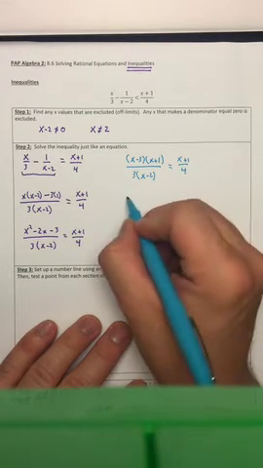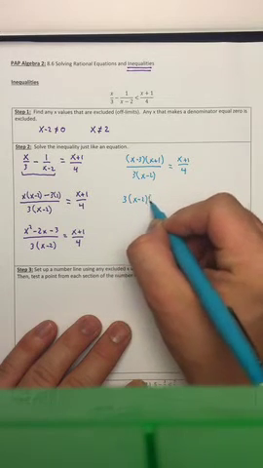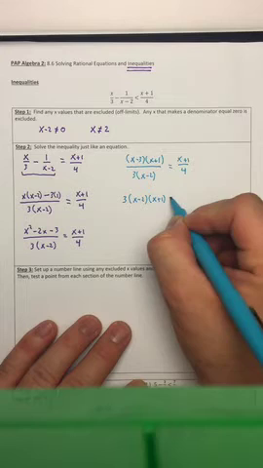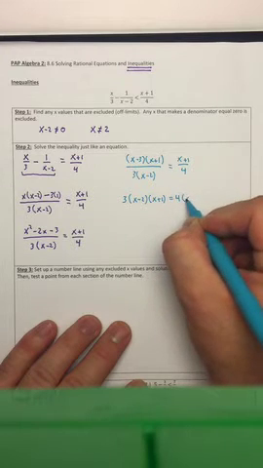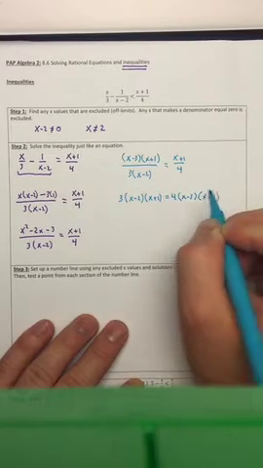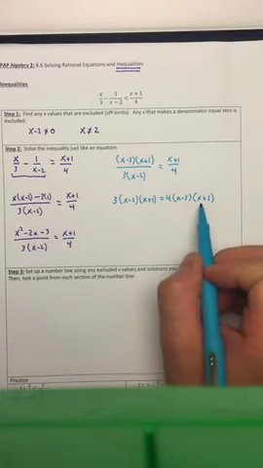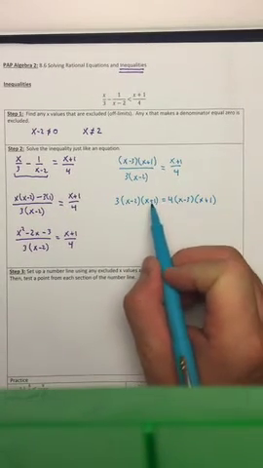So now I'm ready to cross multiply. So I have 3 times x minus 2 times x plus 1 equals 4 times x minus 3 times x plus 1. Okay? Now some of you are probably wise enough to know that we can actually cancel the x plus 1 and the x plus 1.